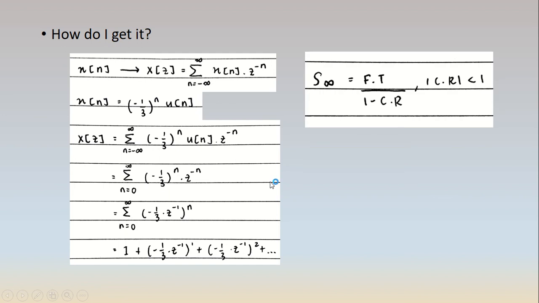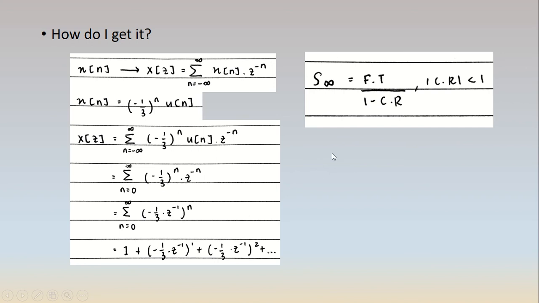So we use the infinite summation equation, which is the first term divided by 1 minus the common ratio, and it is valid for the modulus of the common ratio less than 1.